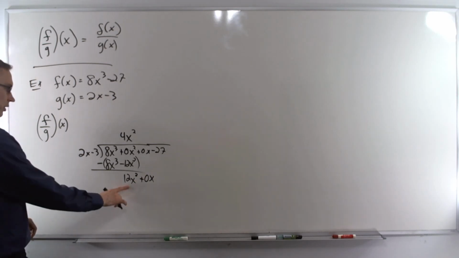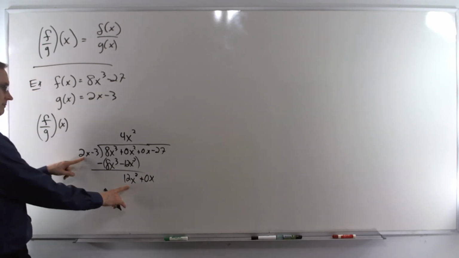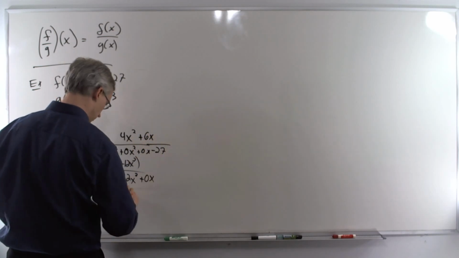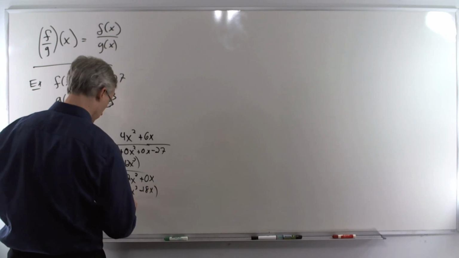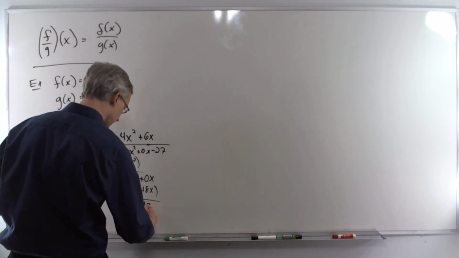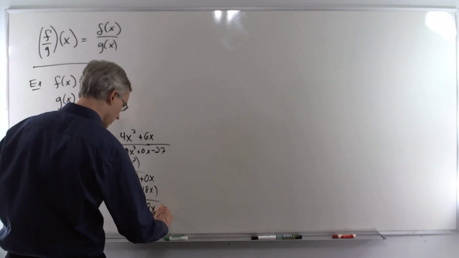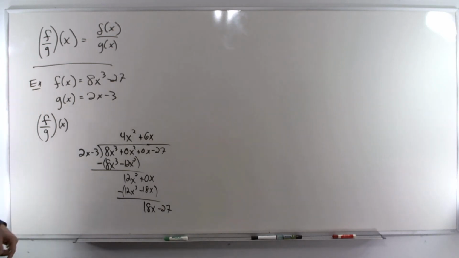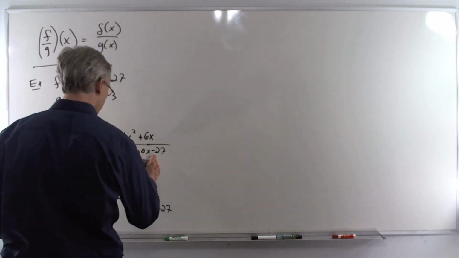Now we need to match 12x squared, so I'll multiply 2x by 6x. All right, 12x squared minus 18x. Subtracting, we get positive 18x. Bring down the 27.